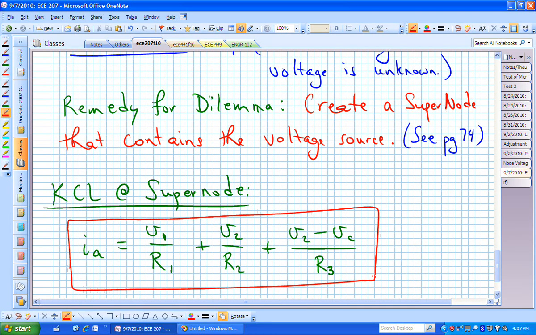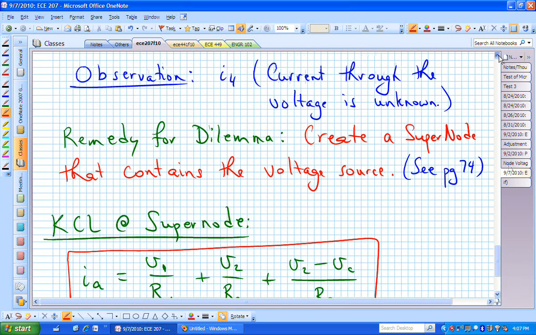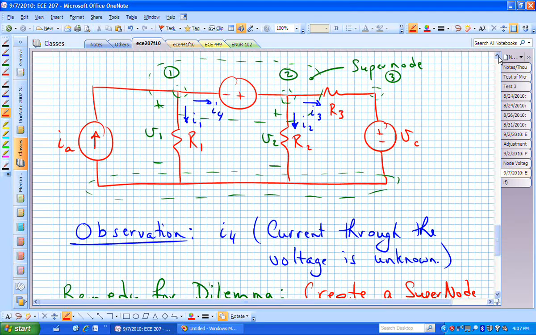How did you know that it was V2 minus V3 or VC? I want to find I sub 3, and I've labeled it to be positive going to the right.